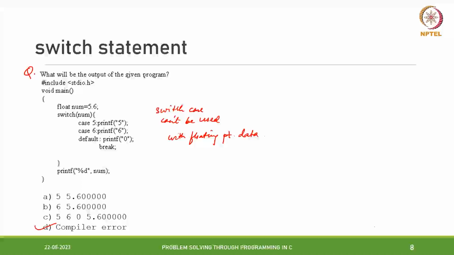It can be used only with integers and characters. Characters only because they can be converted to their respective ASCII code. That is why it can be used with characters and integers. So that is all you can use switch case with. You cannot use it with floating point data.